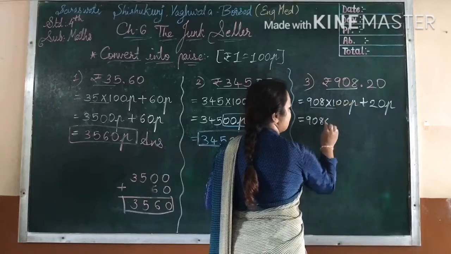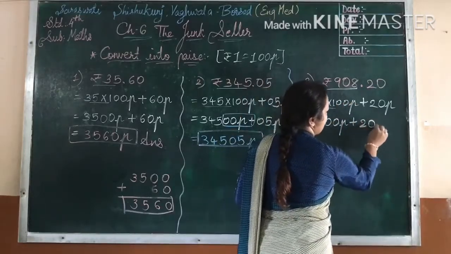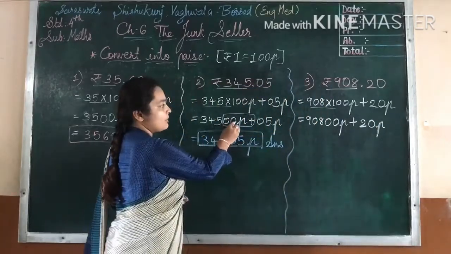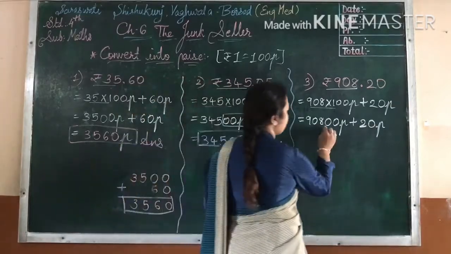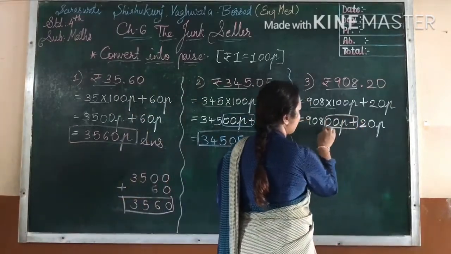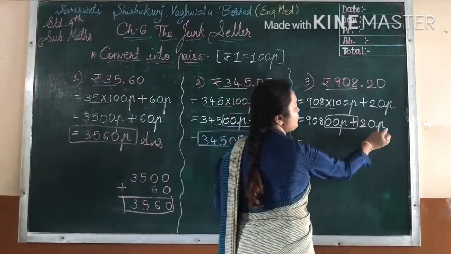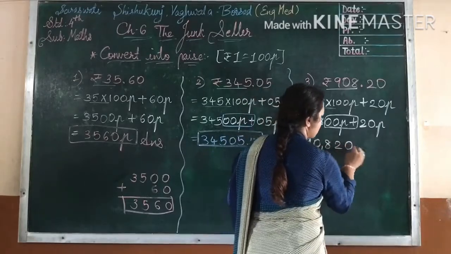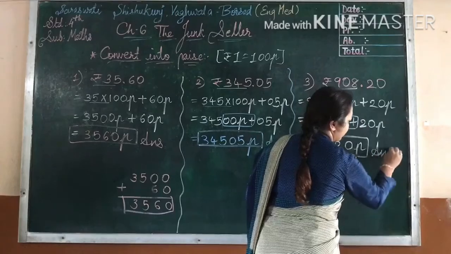Double zero in paisa we keep as it is, plus sign, 20 paisa. As I said, we have to remove the double zero at the end, the paisa sign and the plus, so again we remove this thing. What remains? 90,820 paisa. So 90,820 paisa is your answer.